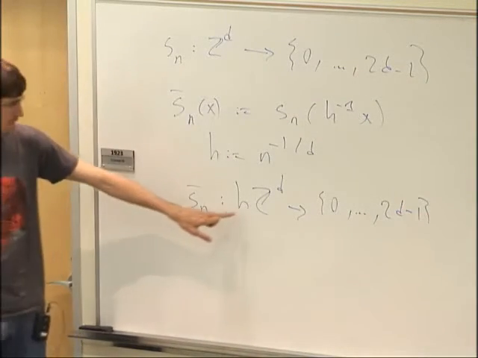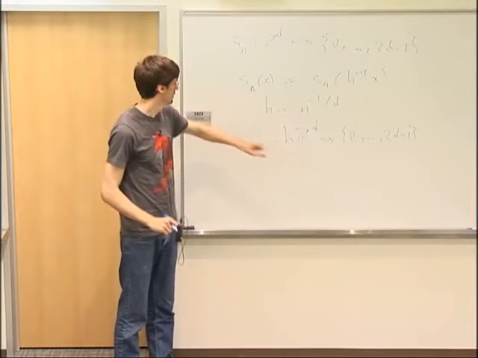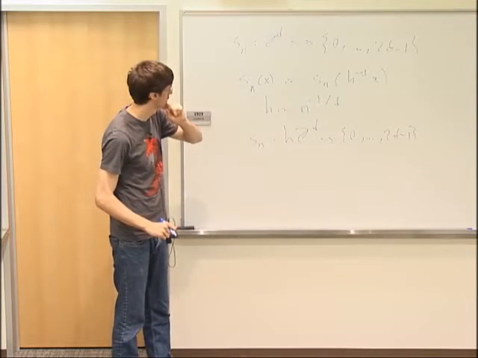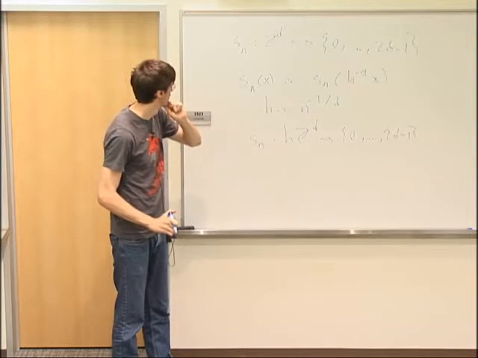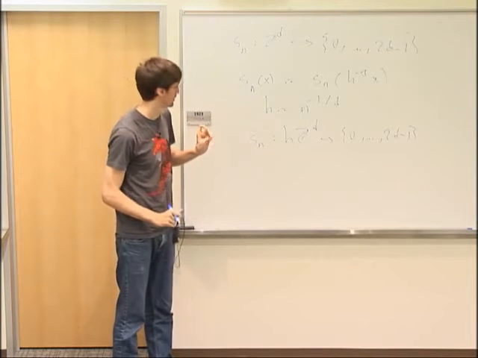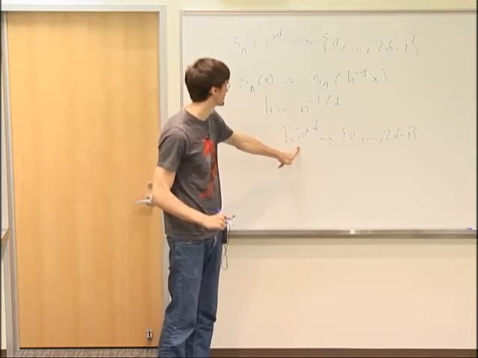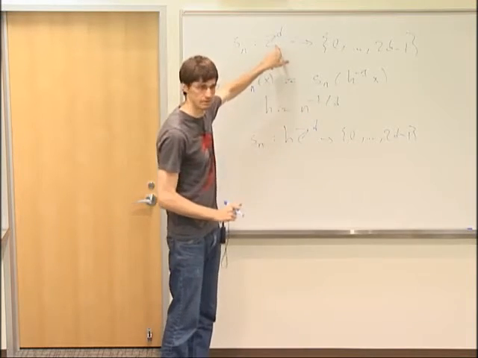So they're defined on ever finer lattices. There's some rounding: x need not be in the lattice. But now it is, because x is in this hZ^d. So you hit it with h inverse and it goes into here. Yeah.